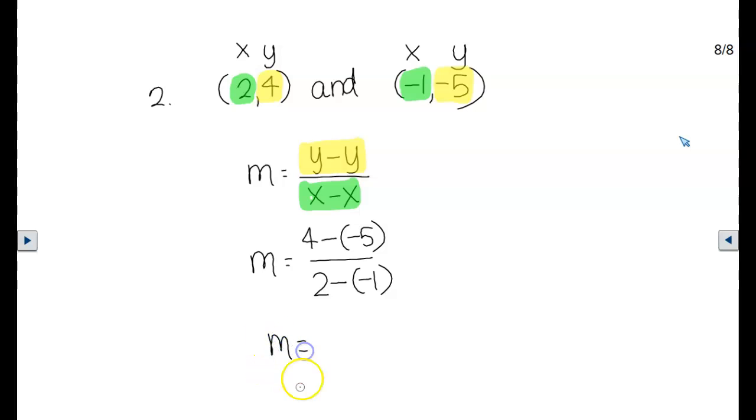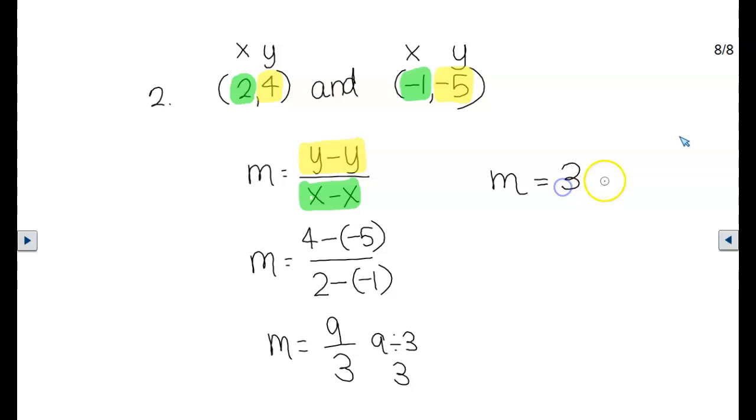All right, so now let's work this out. 4 minus a negative 5 is 9, because we know that minus and negative changes to plus. 2 minus a negative 1 is 3, so I have a slope of 9 over 3. At this point, I will type into my calculator 9 divided by 3, which will give me 3, which is a fine answer.